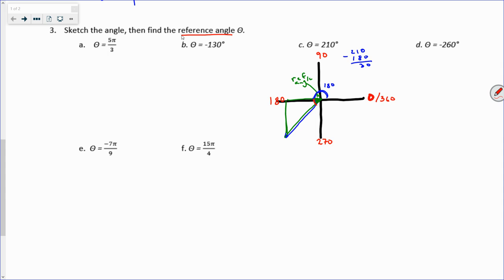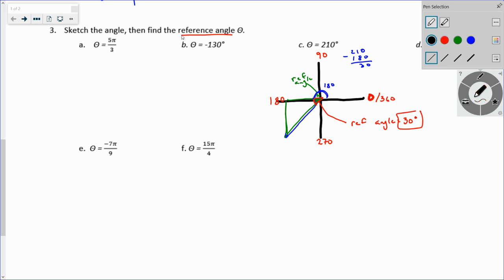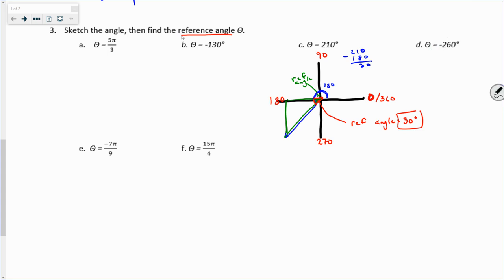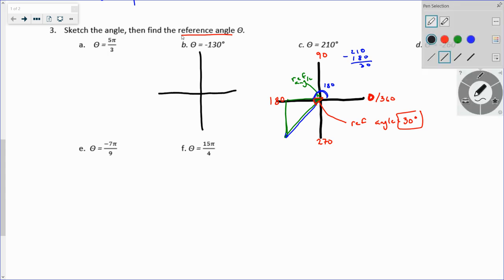So our reference angle, what we're trying to find, is equal to 30 degrees. This is the answer we're looking to produce. We're going to do a lot of calculations off that 30 degrees. Let's do a few more degree problems before we move to radians.